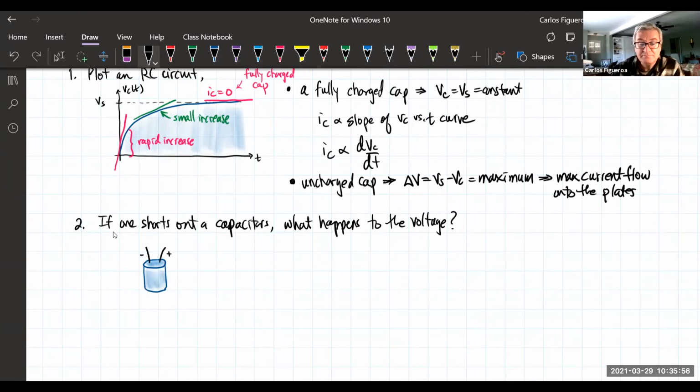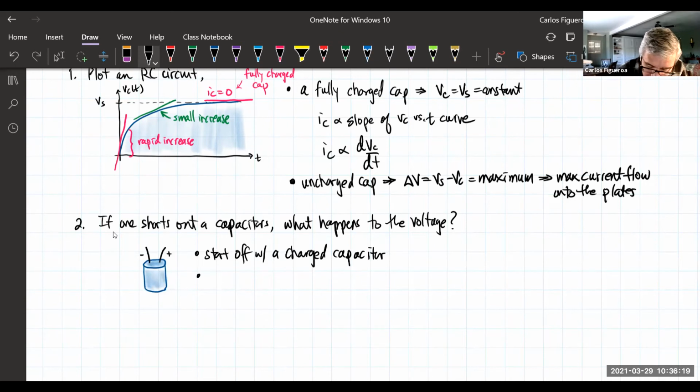If it's a polarized capacitor, what I do here is I start off with a charged capacitor.